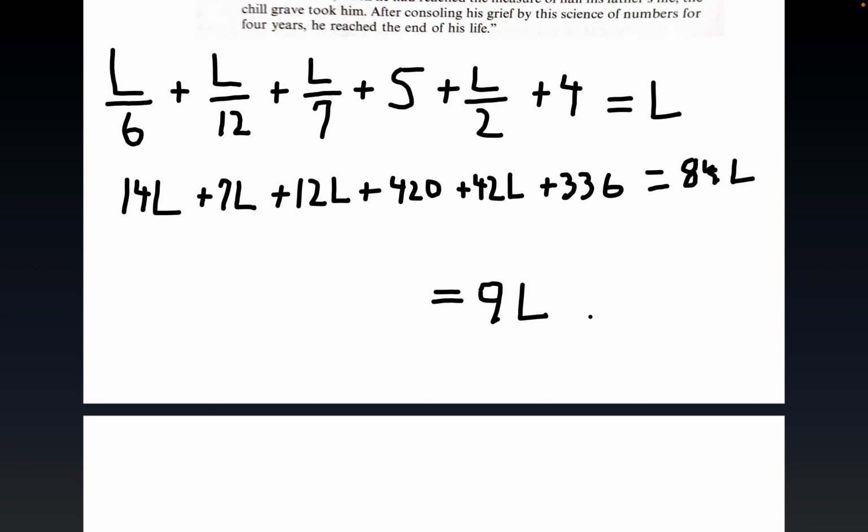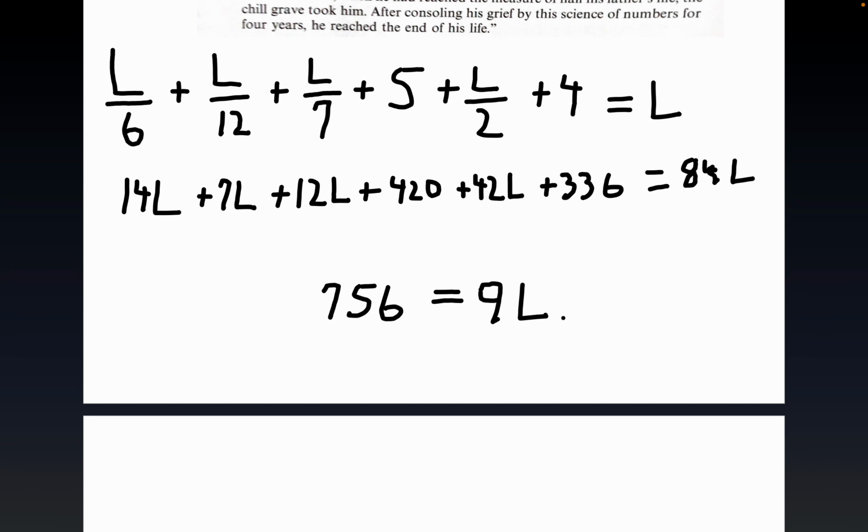And now all we have to do is just add up the value of all these constants here. So this would be equal to 420 plus this, which is 756. Okay, now 756 divided by 9, it's 80 something, right? 9 times 80 is 720. Oh, wow. Okay.